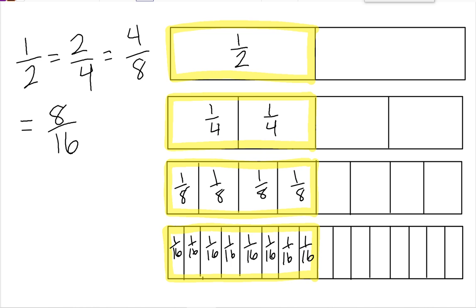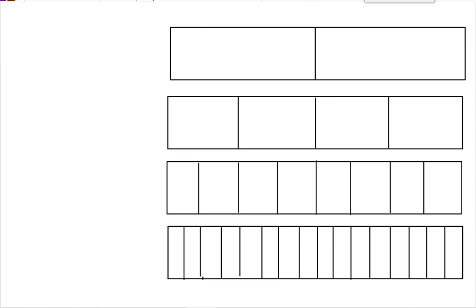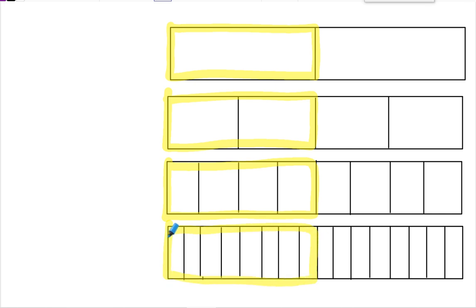Okay. Now I'm going to take a different color really quick. I'm going to clear that. So here are my halves. Okay. So now I'm going to take orange and color 1/4 of these candy bars. Okay. So 1/4 would be this amount, which is the same as this and this.